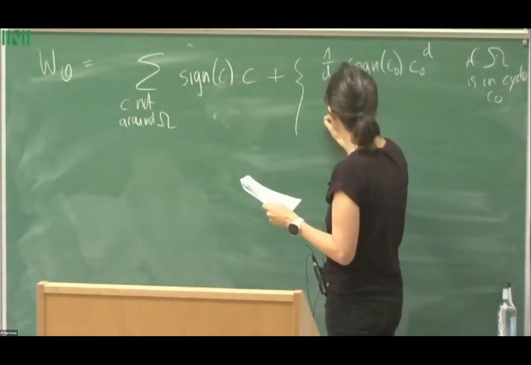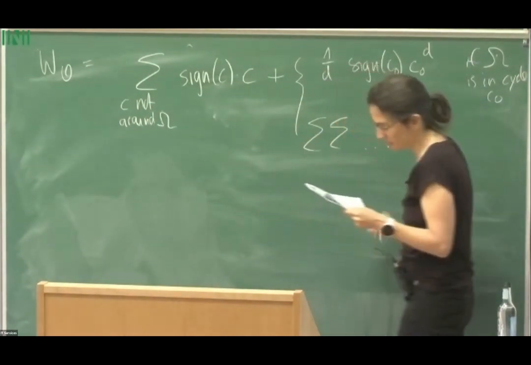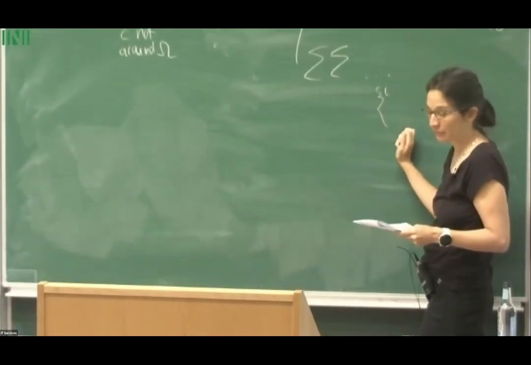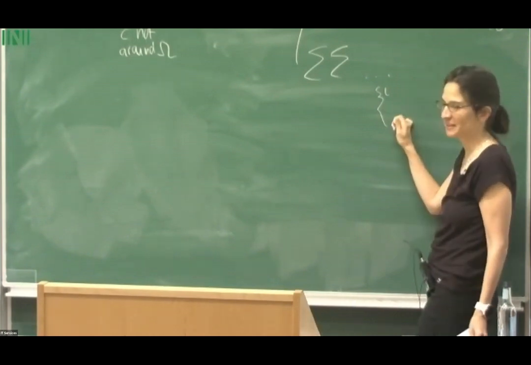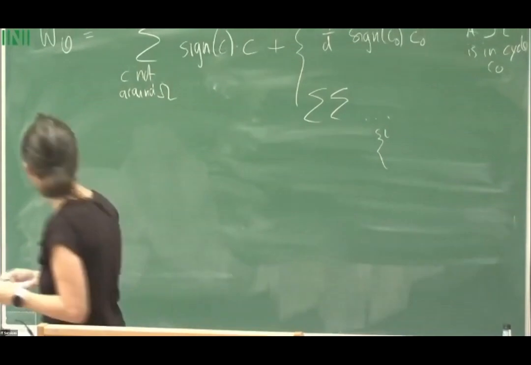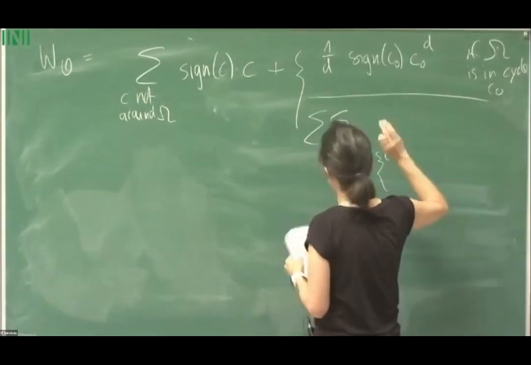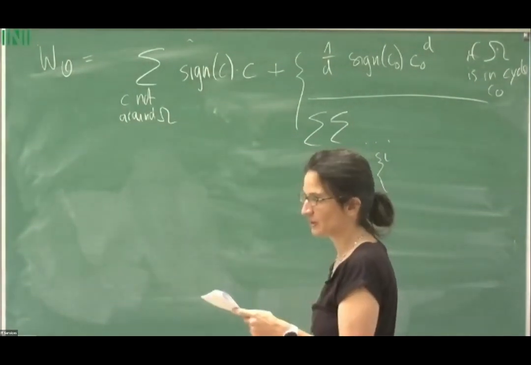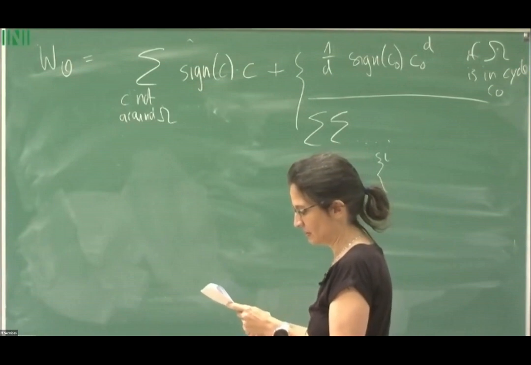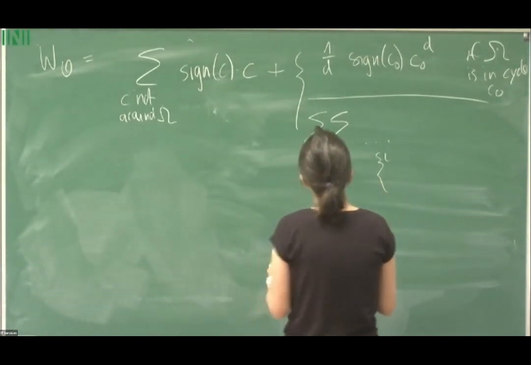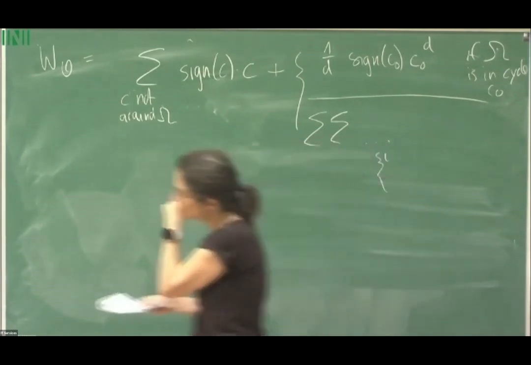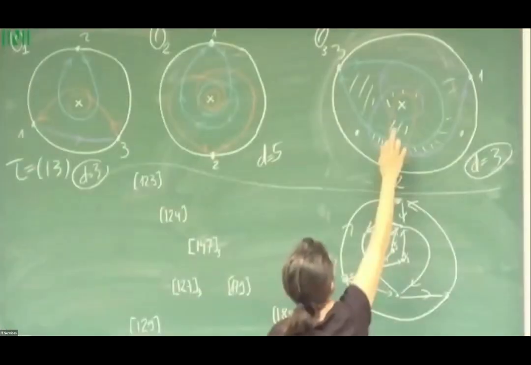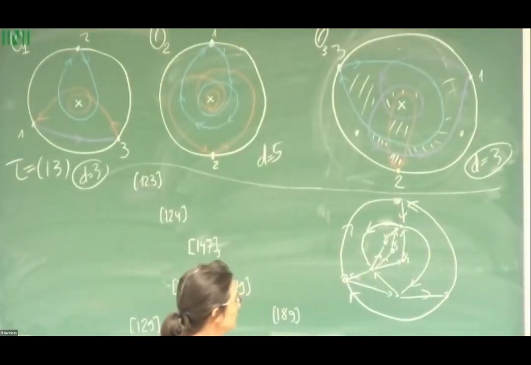And if not, I have to take some sum, which involves taking powers of the primitive D-th root of unity. I don't want to spell it out, but I want to make sure that you see there is a potential in each of the cases, and that you have to distinguish the two cases. And you have R summands here, because depending on the size of that alternating region, here it was 2.